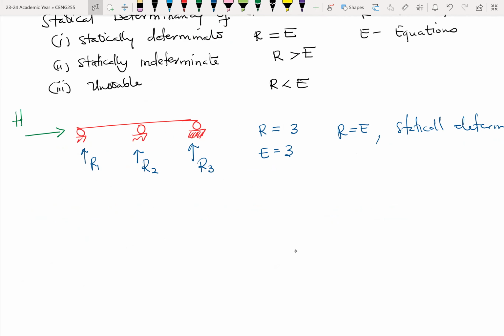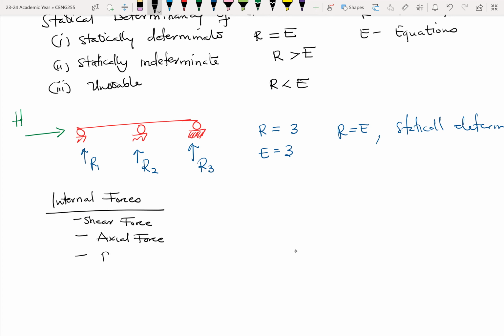We also looked at what you call the internal forces. There are three of them: the shear force, the axial force, and the bending moment.